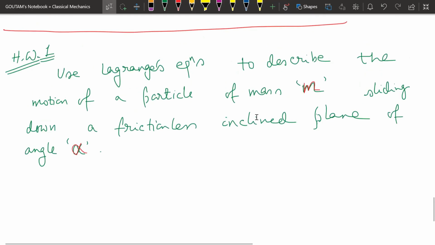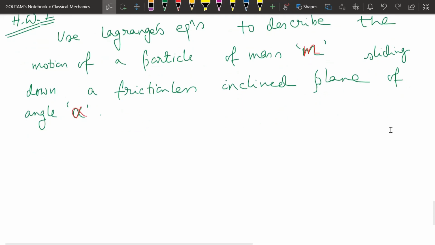So the particle of mass m is sliding down a frictionless inclined plane of angle alpha. For this system, we need to find the Lagrangian first and then the Lagrangian equation of motion.